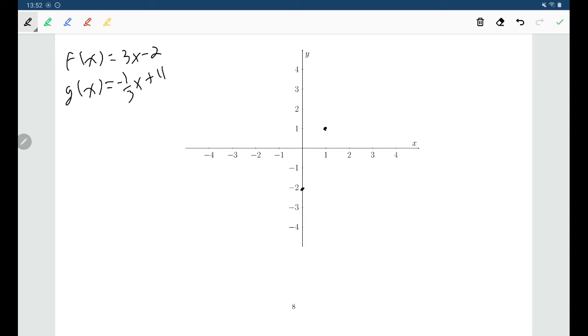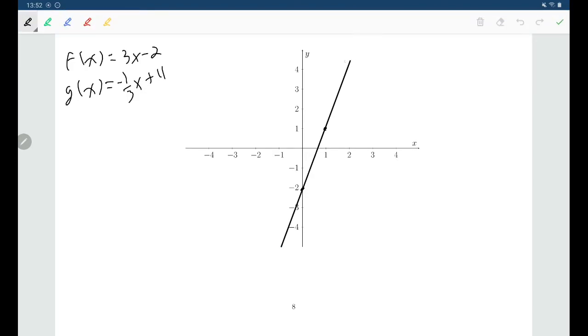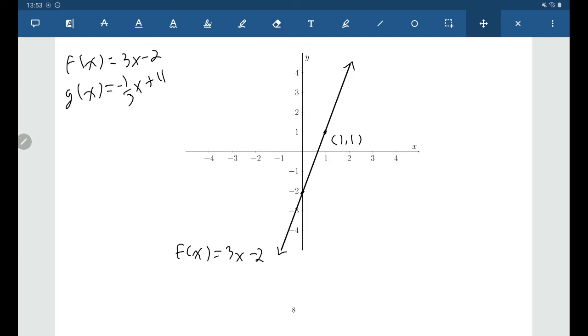And now I'm going to draw my line and label it. So I'm going to label its coordinates 1, 1, and I'm going to label the equation over here, f of x equals 3x minus 2. And there we go. I have my first equation now taken care of.